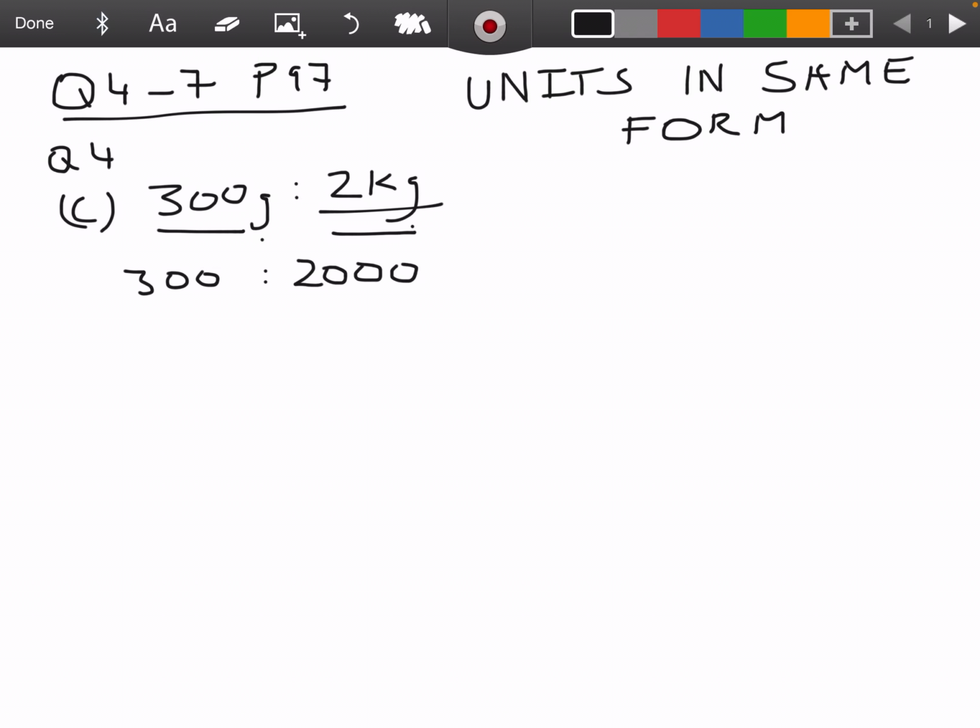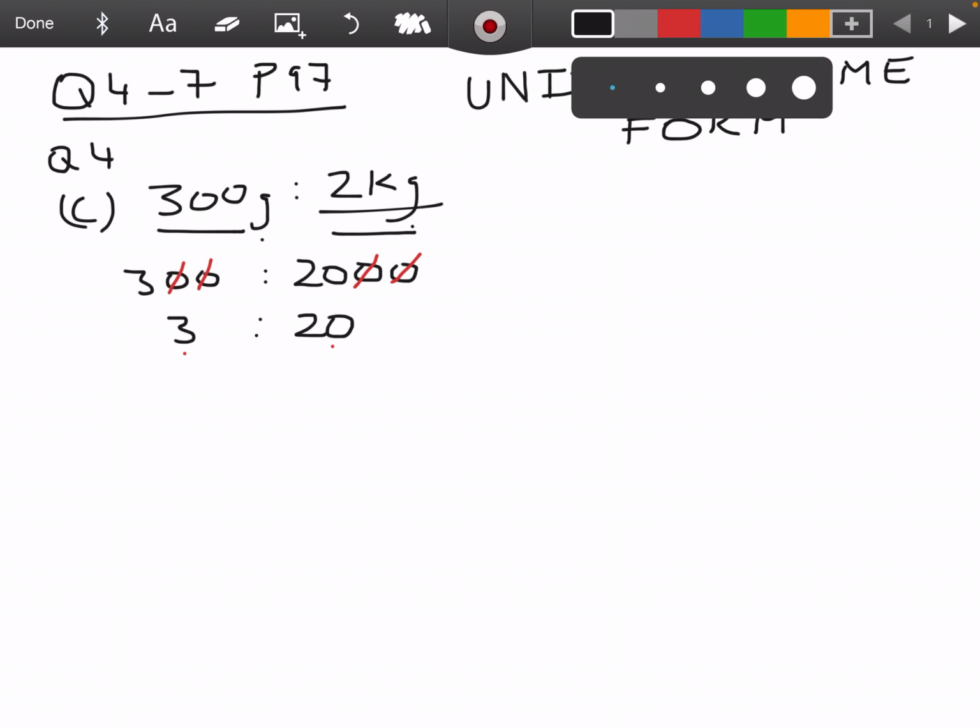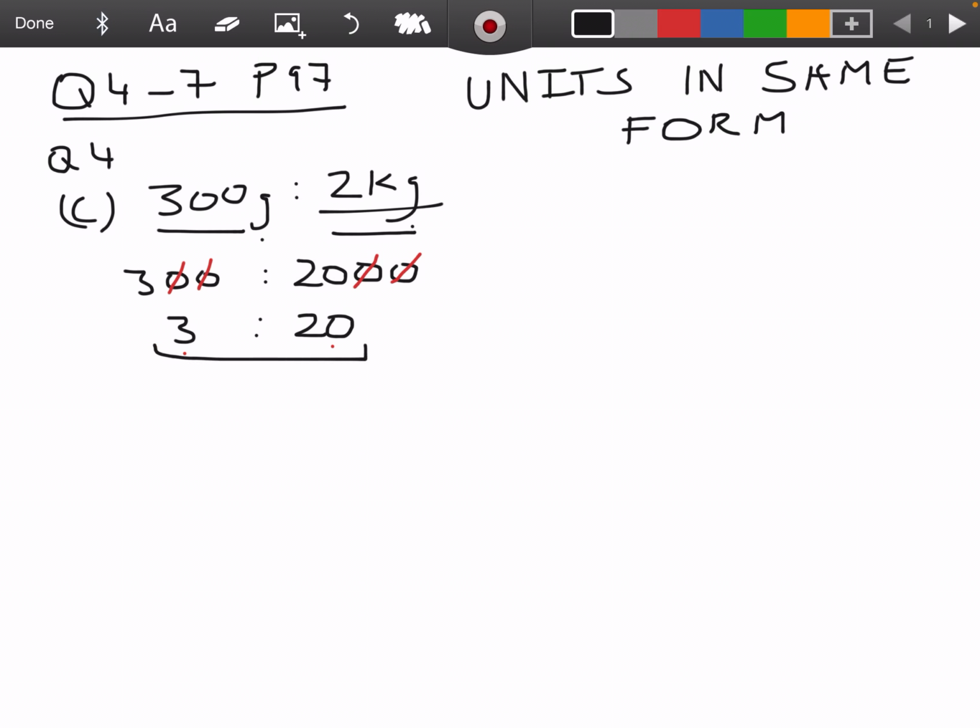In that case I can divide each by 100, and we end up with 3 is to 20. If I divide by 100, I can cancel those 2 zeros there and 2 zeros there, and I'm left with 3 is to 20. Now I can't make that any simpler, so that is my ratio: 3 is to 20.